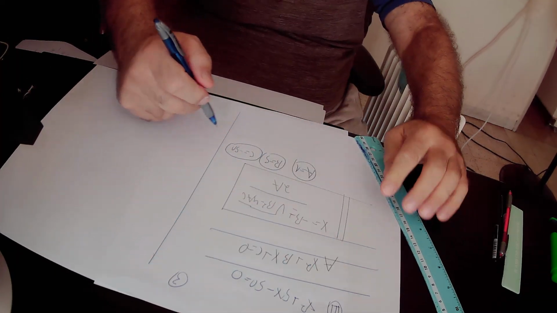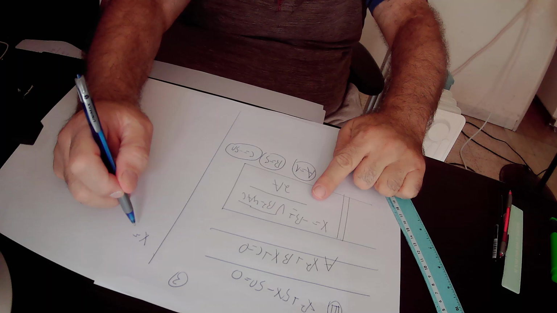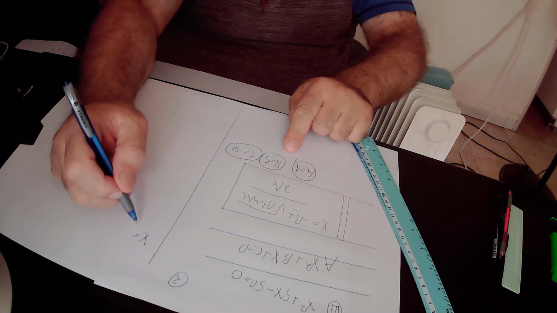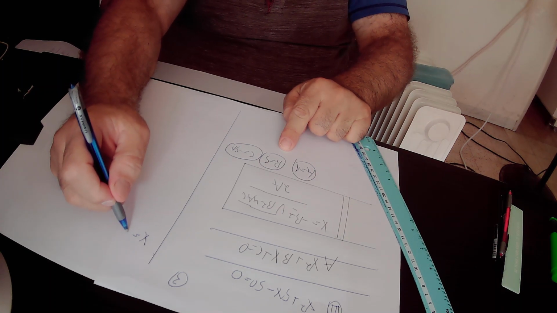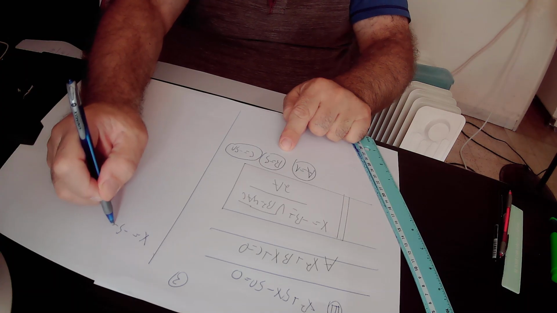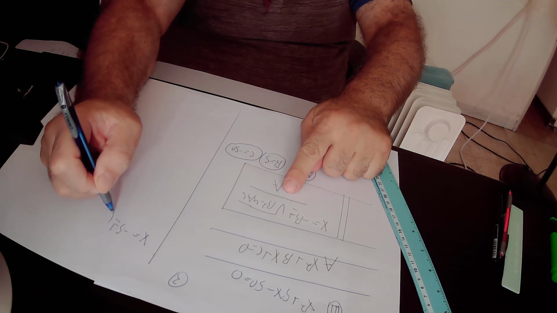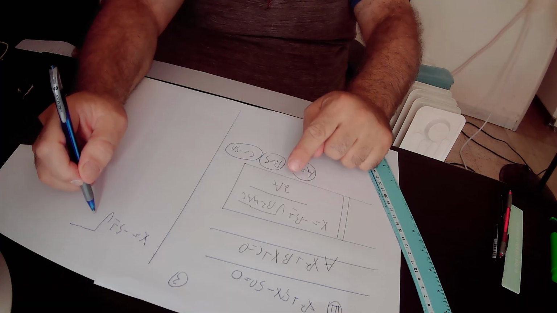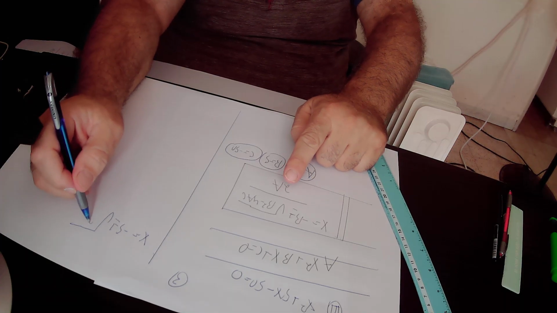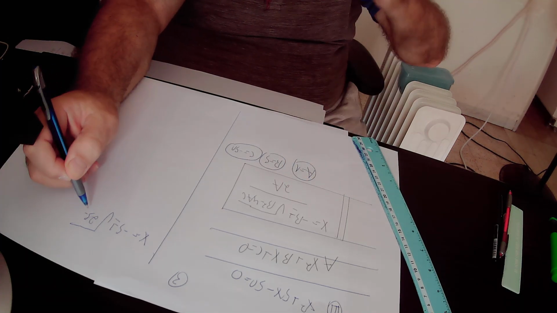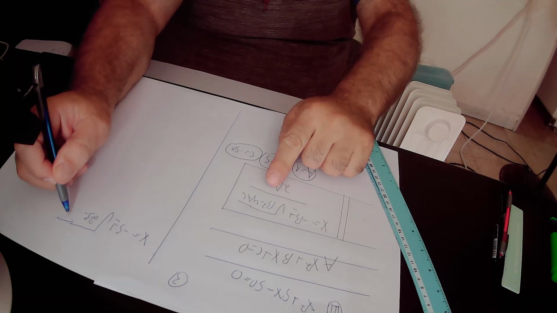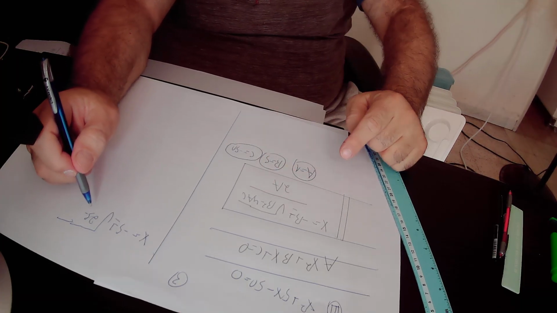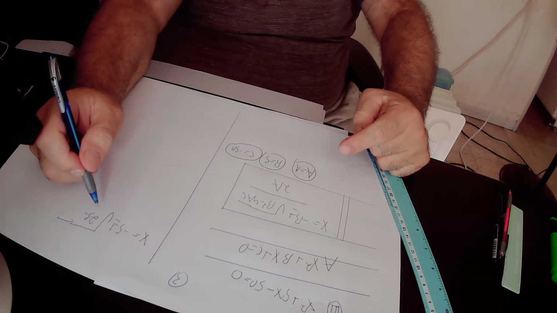Here x equals minus b. b is 5, therefore minus b is minus 5, plus or minus the square root of b squared. b squared is 5 squared, that is 25, minus 4 times a times c. a is 1, c is minus 50.